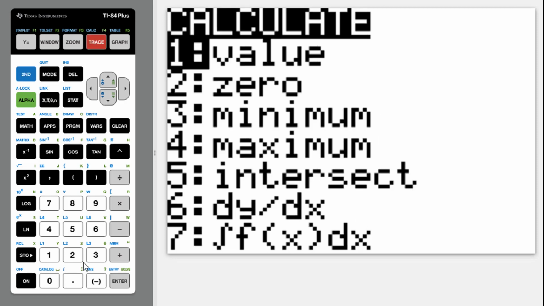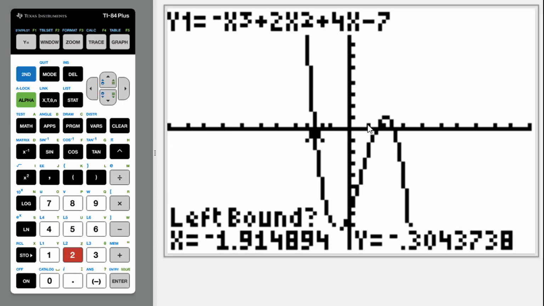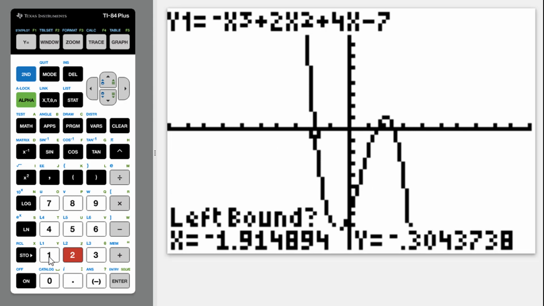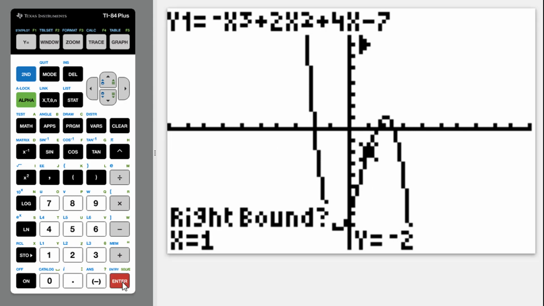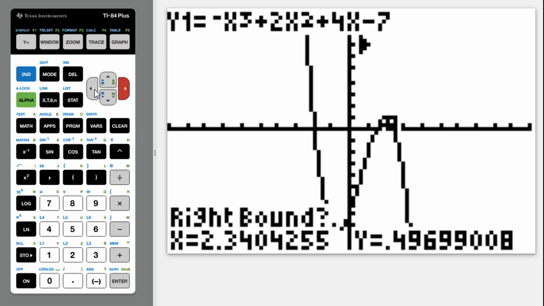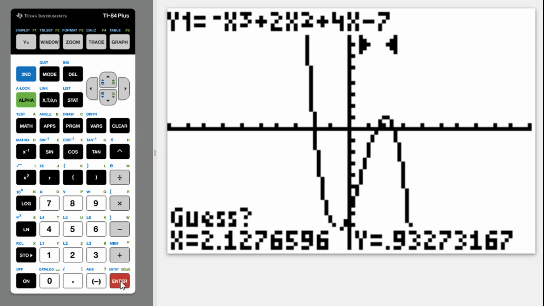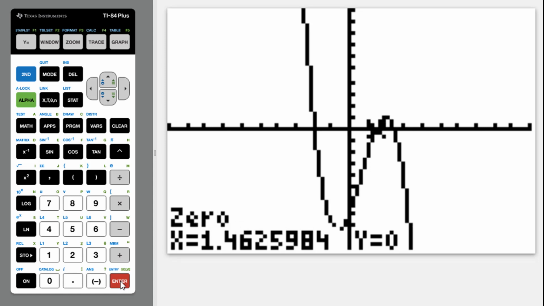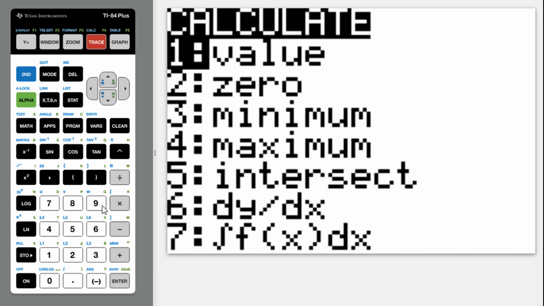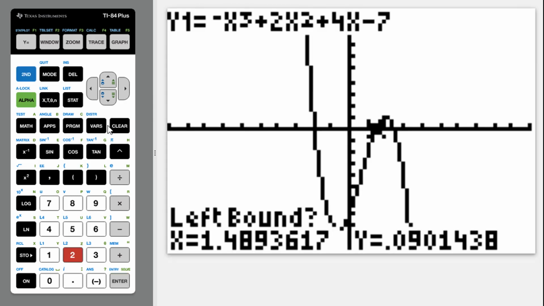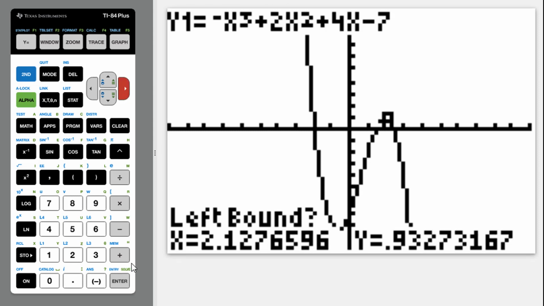Second trace, go to 0. This is 1 as the left bound. Move. Enter. Enter. So you have 1.46 as the second x-intercept. Second trace 2. Move a little bit.